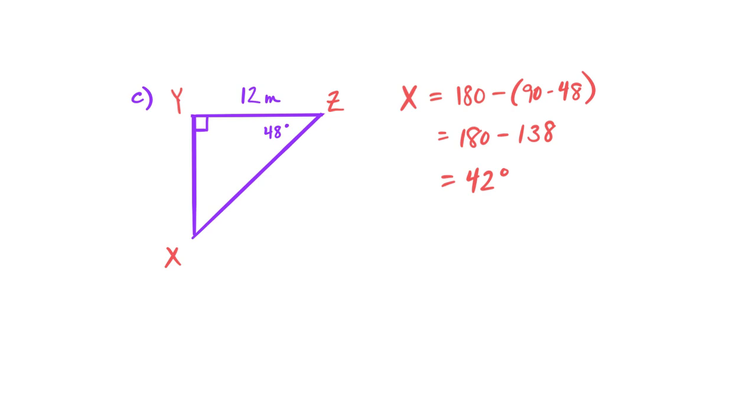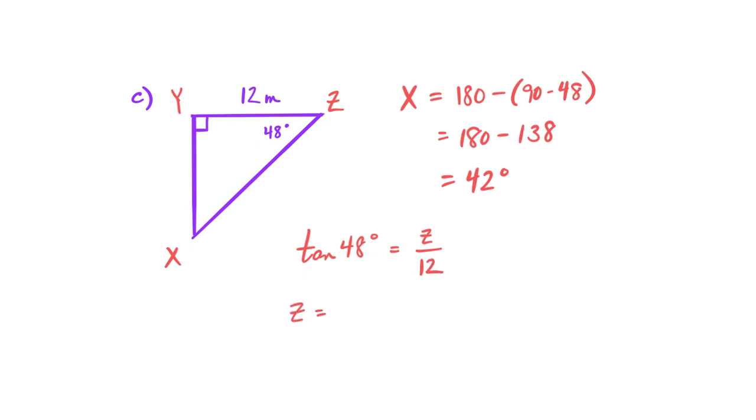So, for me to find side Z, I know that I've been given my adjacent side to the 48. Side Z is opposite. Opposite and adjacent is tan. So the tan of 48 is my opposite side, Z, over my adjacent side, 12.